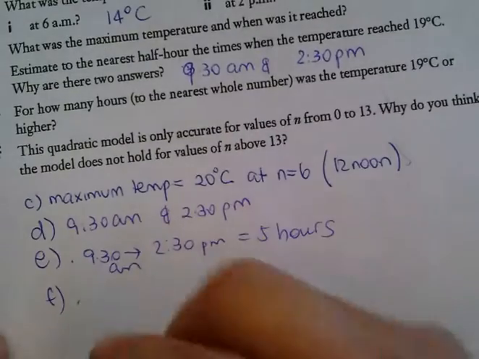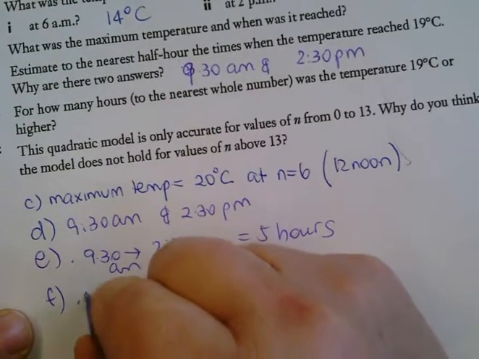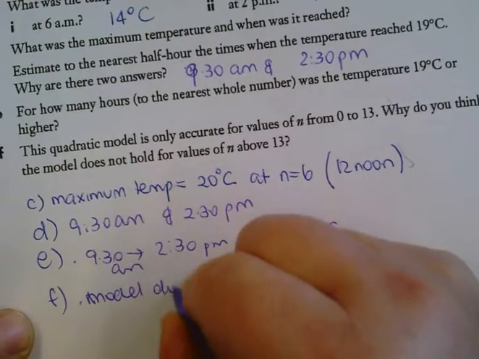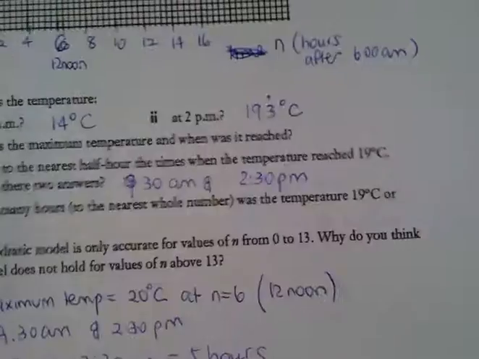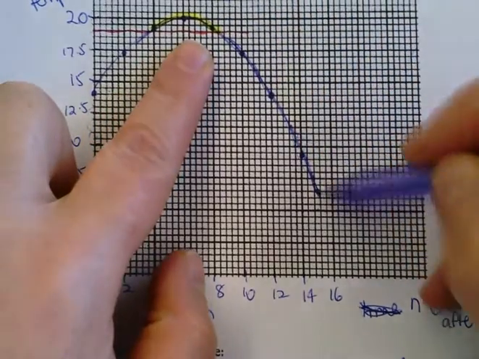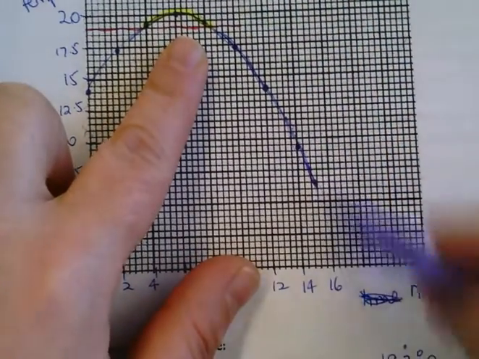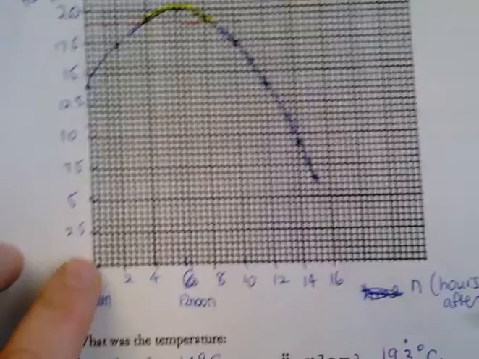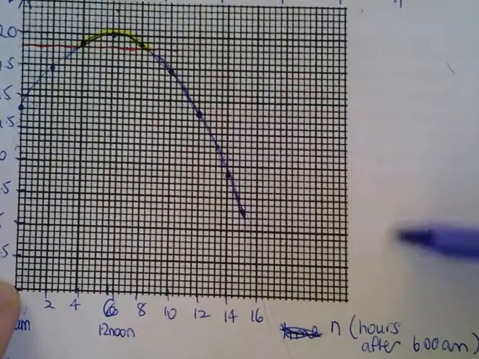So the model does not hold. And you know what also happens? See how it goes down quite slowly here, but then it goes down really quickly as you get further and further. Like your quadratic equation, if you draw a parabola, down here it's a slow turn, but as you get up, it goes up quite quickly.